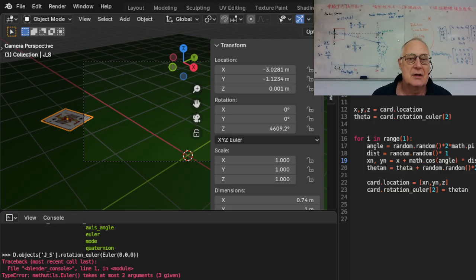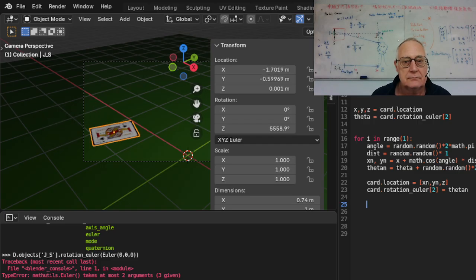Also, of course, you can save the render. There's one trick, yes.